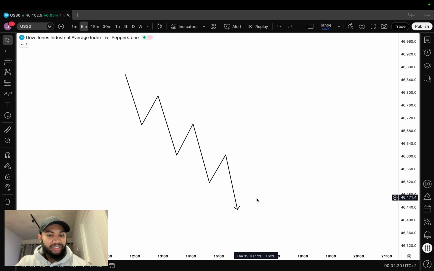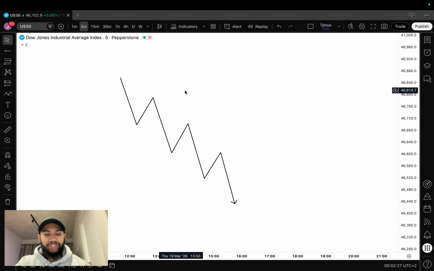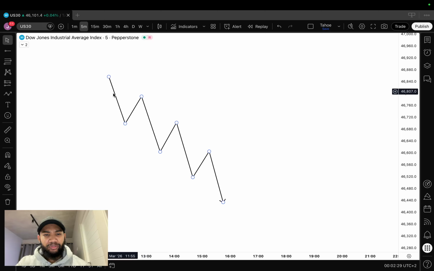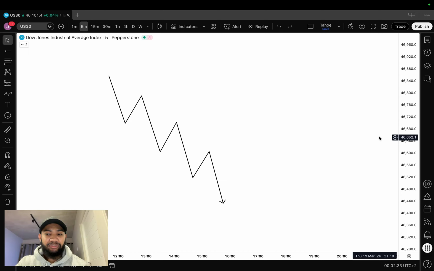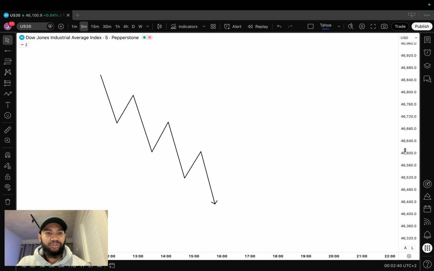But here's the thing: if the market is trending to the downside and we are looking for a sell, if we take US30, when is the best time to be taking a trade in US30? Well, you have to wait for the New York session open, the New York Stock Exchange open.